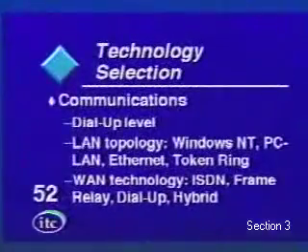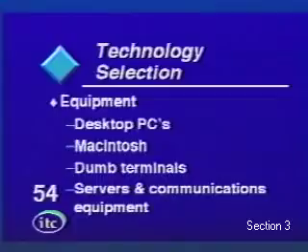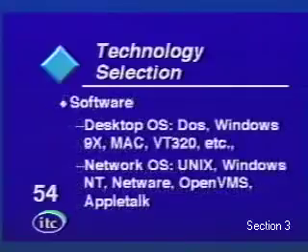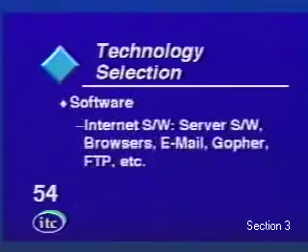All of these items need to be factored into a migration plan that considers the existing investment as well as user requirements in the following areas: communications dial-up speed, local area network topology and wide area network technology, premise equipment, desktop, servers, and wide area network interface. Software, desktop, the network, and Internet application software.